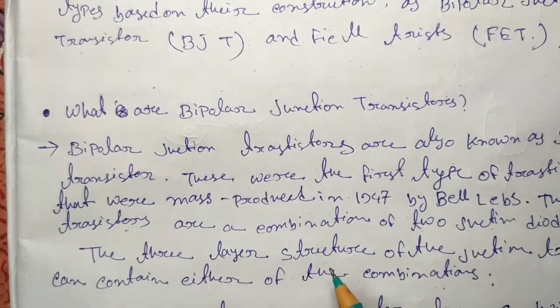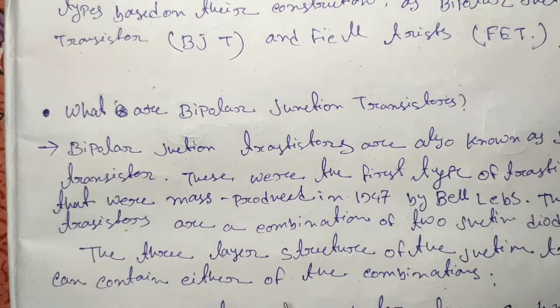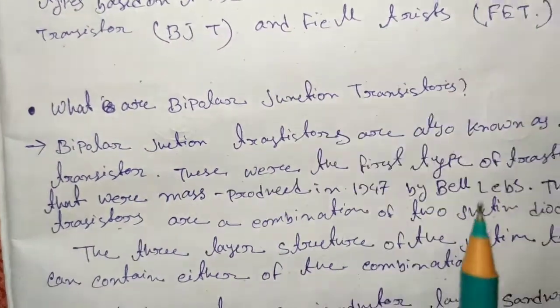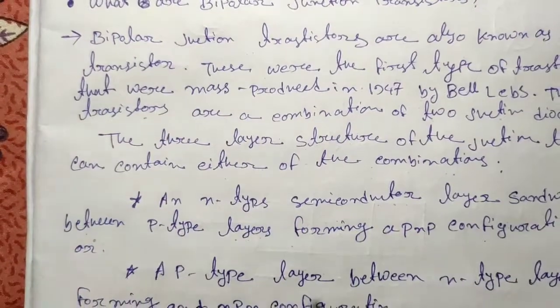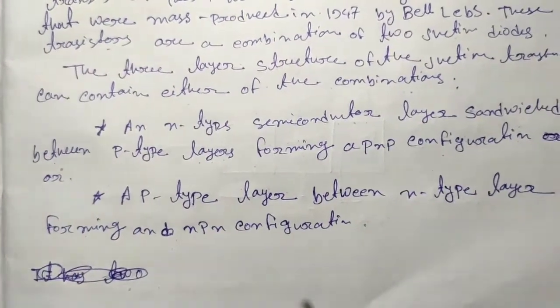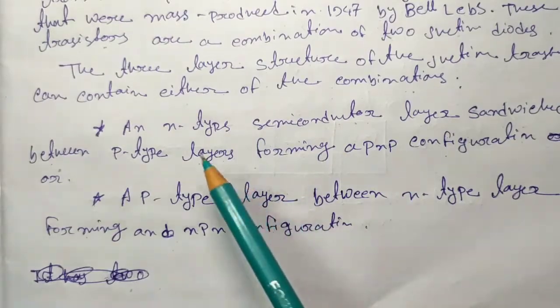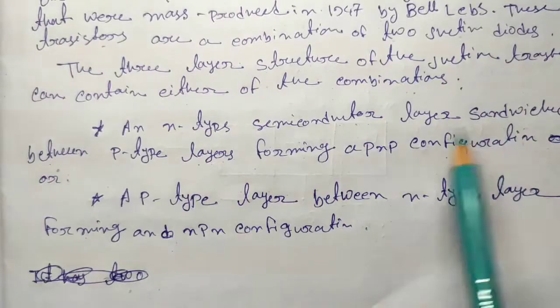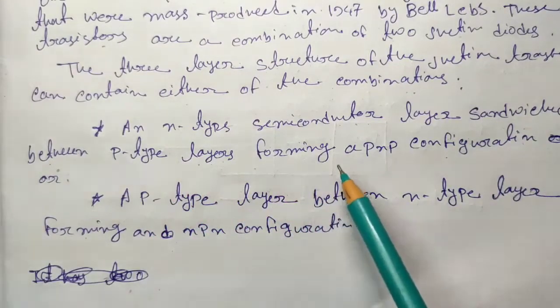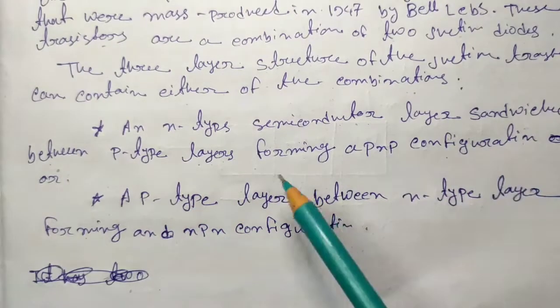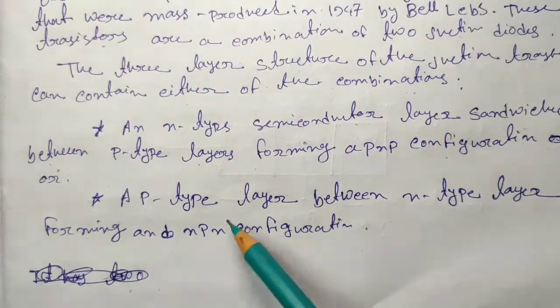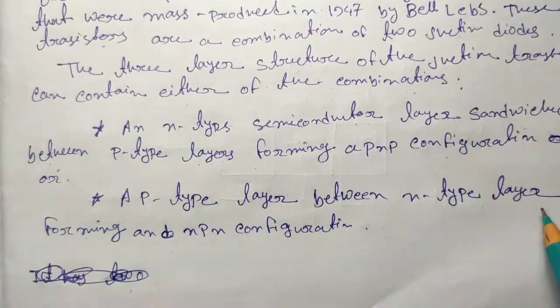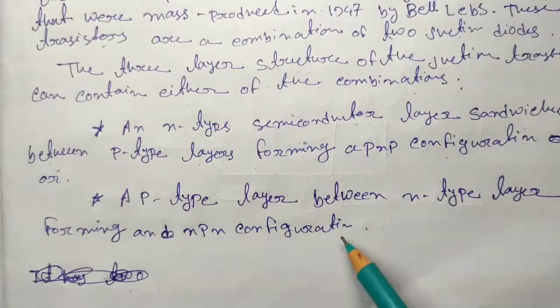The three-layer structure of the junction transistor can contain either of the combinations: an N-type semiconductor layer sandwiched between P-type layers forming a PNP configuration, or a P-type layer between N-type layers forming an NPN configuration.